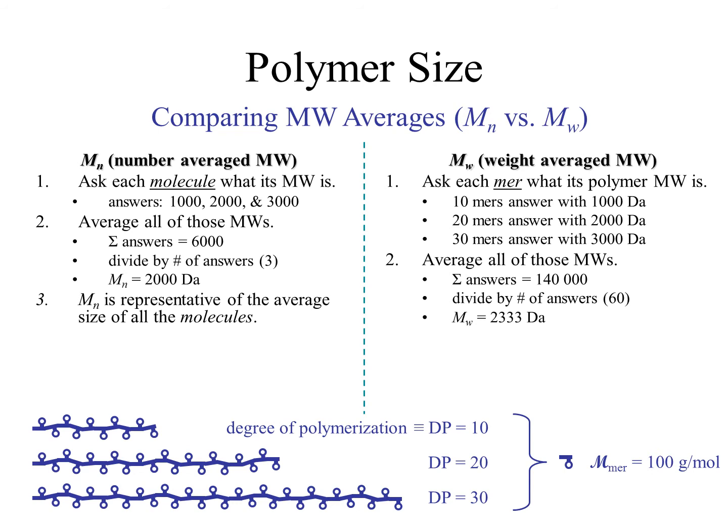Notice that this value is slightly higher than the 2,000 M sub n we calculated for this sample. This is typical. Actually, if your M sub w is less than your M sub n, you did something wrong in your calculations. But in contrast, I hope you can see how the weight average molecular weight represents the average size of the molecule which each mer resides in. And clearly there is a difference.